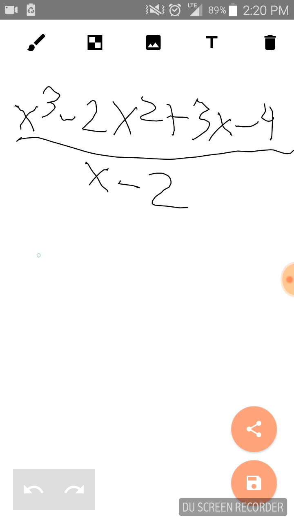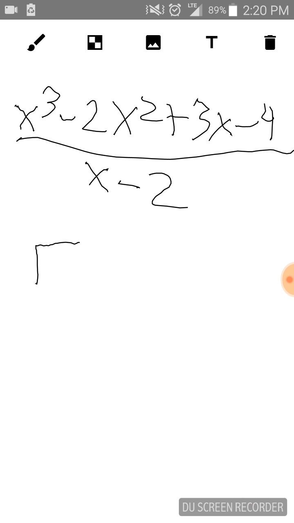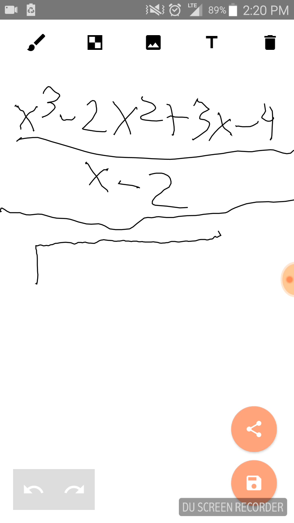Your first step is you're going to want to make a little division area. As you can see, your bottom is minus 2, but this is always going to change into a positive. So instead of it being negative 2, you're going to divide it by positive 2.